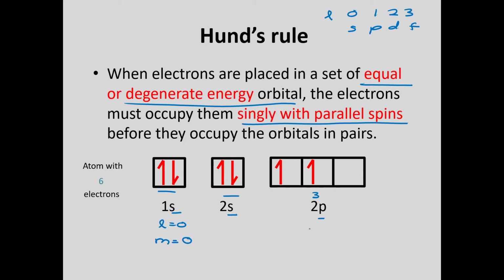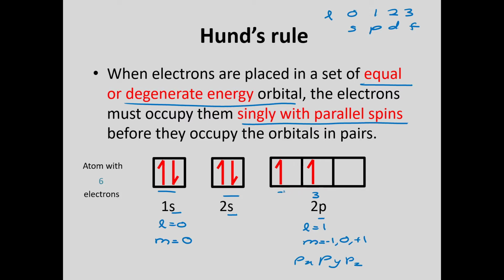Kan S. Kalau P, L is 1, right? Orientation yang kita ada PX, PY, PZ tu, kan? So, orientation untuk 1, we have negative 1, we have 0, and we have plus 1. So that's why kita ada 3 kotak untuk P. So kita ada 3 orientation.